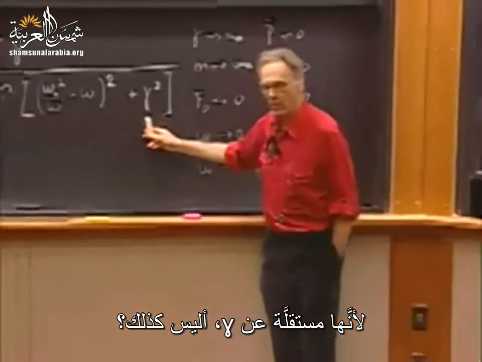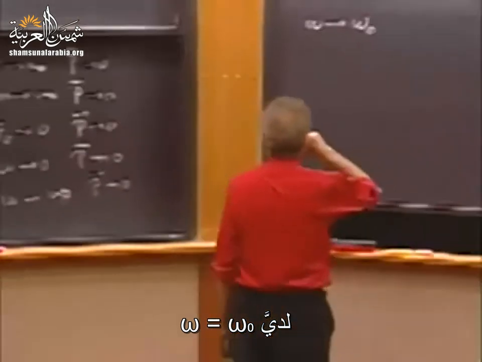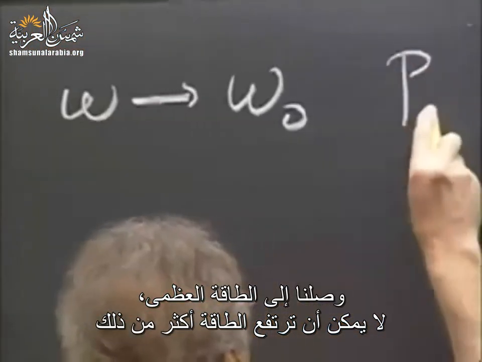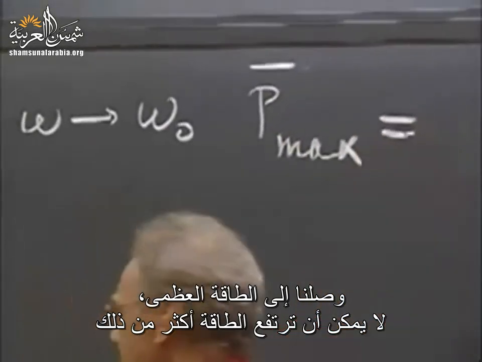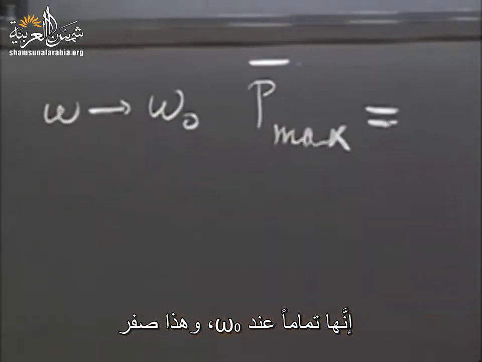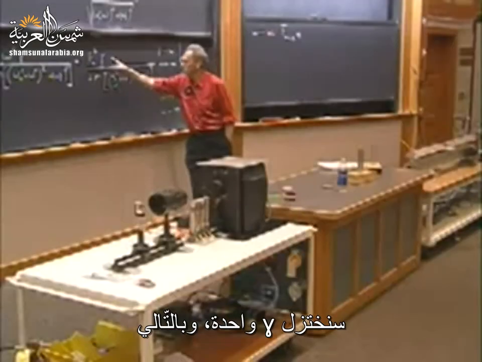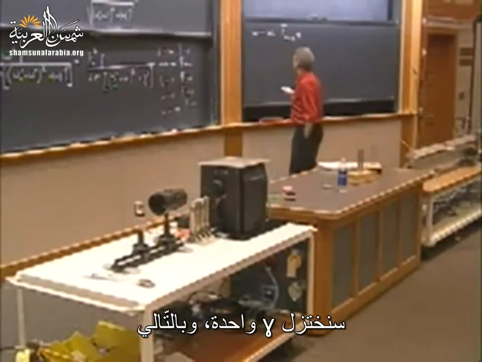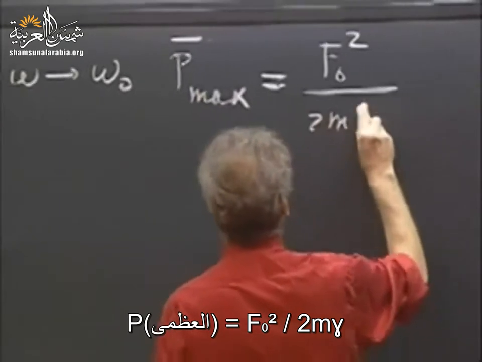Because it's independent of gamma, right, my omega. So when omega equals omega 0, we reach the maximum value for power. We can never go any higher. It's exactly at omega 0. And this is 0. You lose one gamma. And so you find that this value then becomes f0 squared divided by 2m gamma.